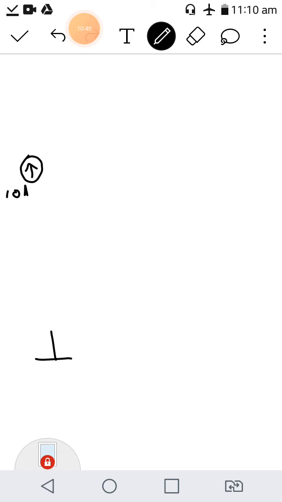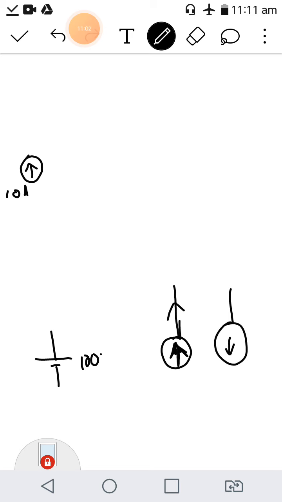Normally we draw voltage sources like this, like 100 volt. Similarly, this is the representation of a current source. So the direction is indicated like this, which means current is flowing in this way. If I draw a current source like this, the meaning is that current is flowing in this direction. That's the meaning. So there is a 10 ampere current source.